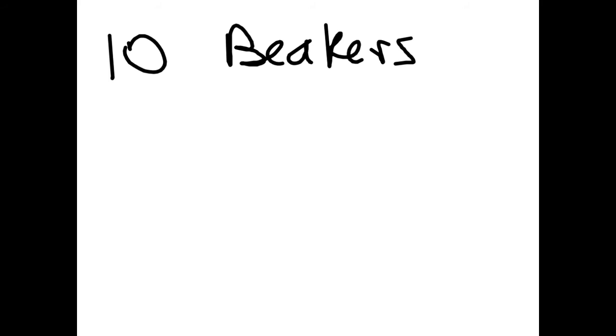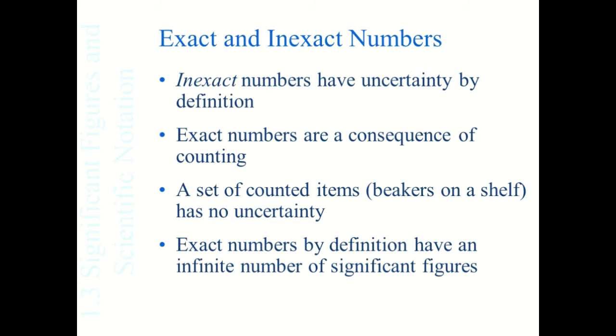There is an infinite number of significant figures, so I cannot use that to determine the number of significant figures that I record in my answer. Because I would end up recording just 1, right? But that's not the case. This does not count for significant figures because it is an exact number. Okay?